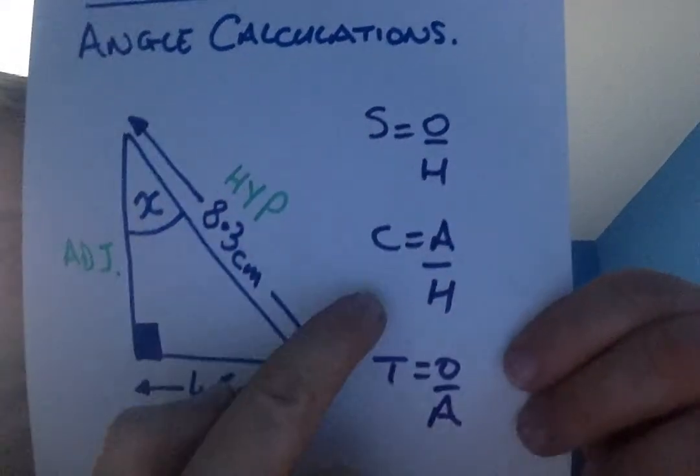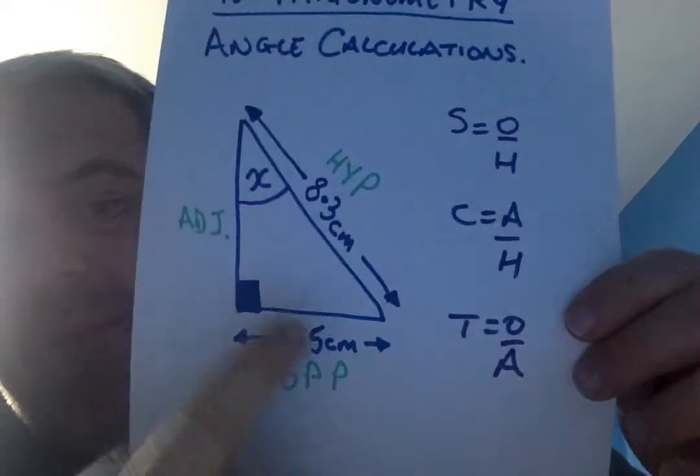I'm then going to shout out my SOHCAHTOA. And even though I know the function that this is going to use straight away, I still write this out. Okay, so my SOHCAHTOA. I'm then going to tick off my O for opposite.